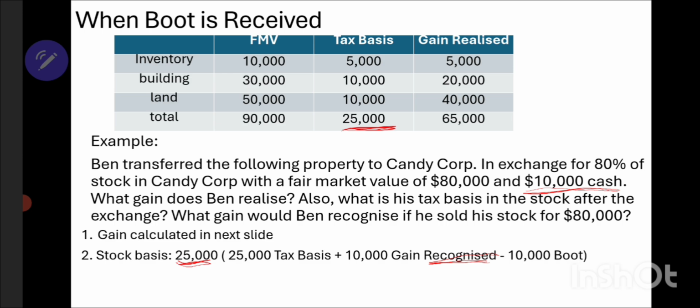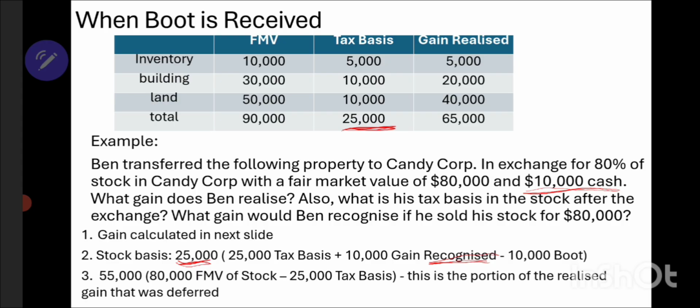Now we want to find, if Ben sold his stock for $80,000 today, just after this transfer, what amount of gain would he recognize? He would recognize a $55,000 gain.